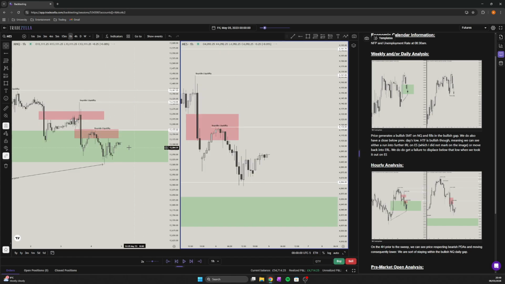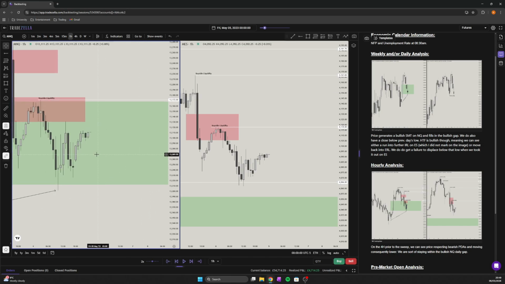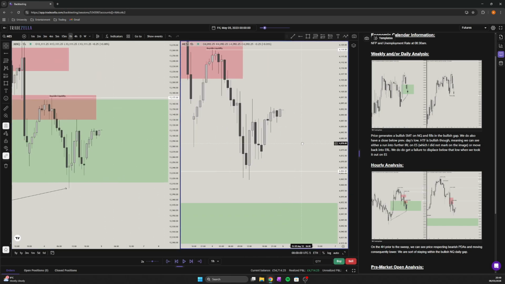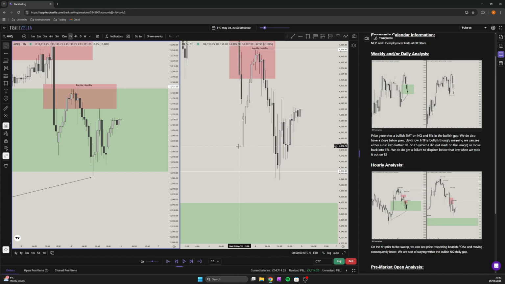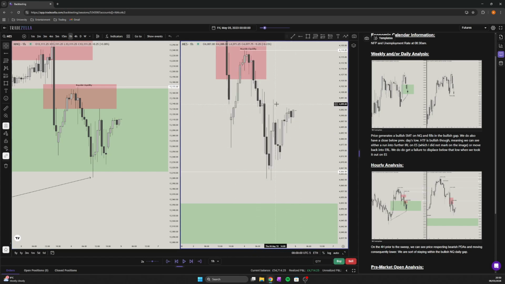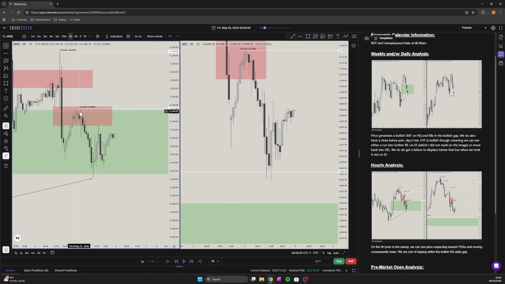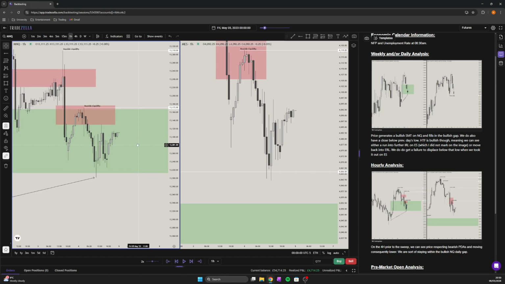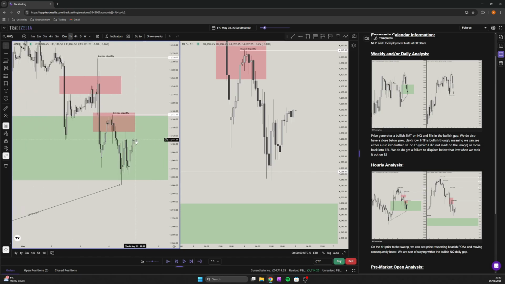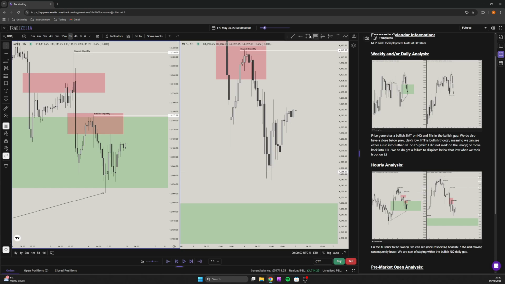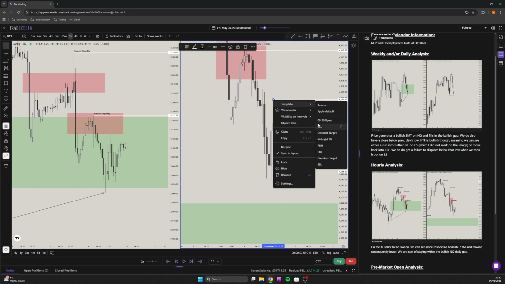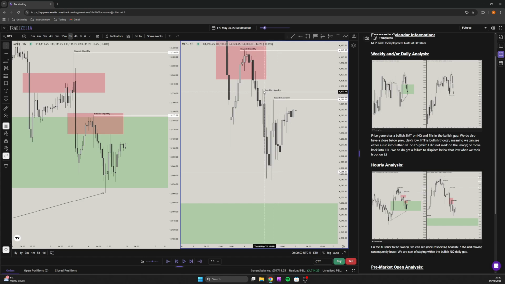Let's look at the hourly. I want to see key moments for a change. Sweep this low, change in state of delivery here on the 1 hour, change in state of delivery here on the 1 hour, okay? Do you guys see anything interesting on the 1 hour? I just see this high as a form of buy side, as well as this one.